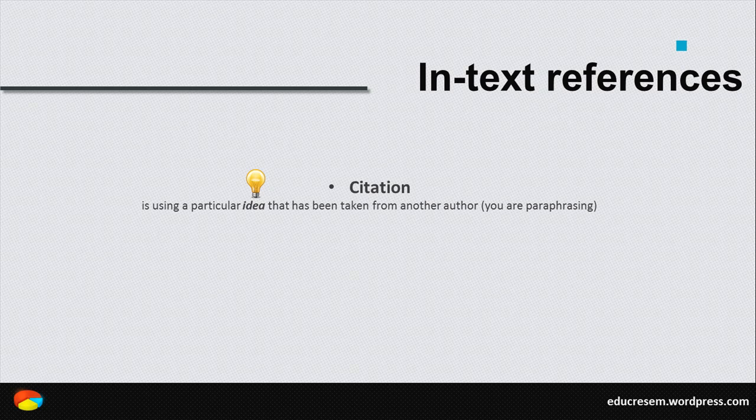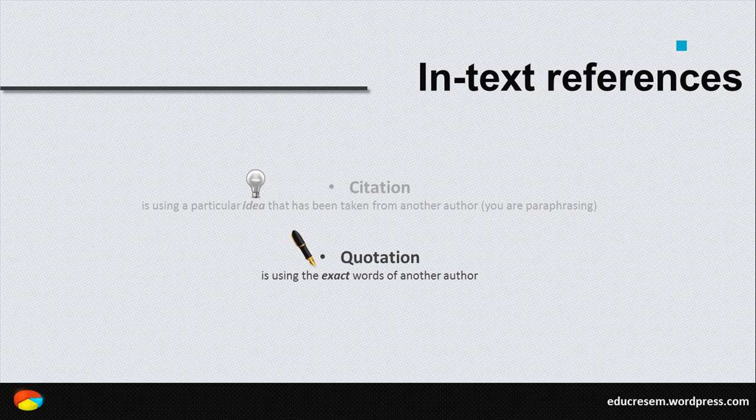You are not using the exact words that you found in another paper or a book or a website or something, but you are using the idea behind it. So that's a citation. And a quotation is using the exact words of another author. So let's take a look at the quotation rules.